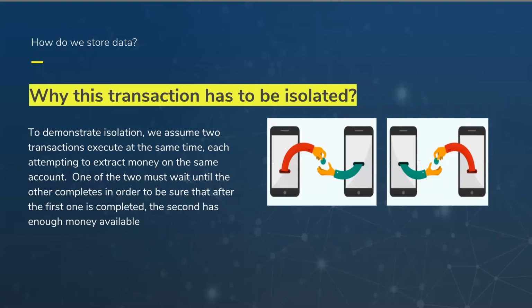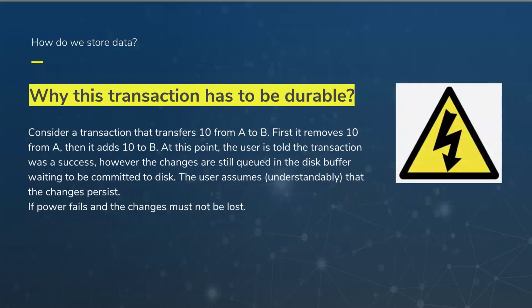To demonstrate isolation, we assume that 2 transactions execute at the same time, each attempting to extract money from the same account. One of the 2 must wait until the other is completed in order to be sure that after the first one is completed, the second has enough money available. It makes sense.